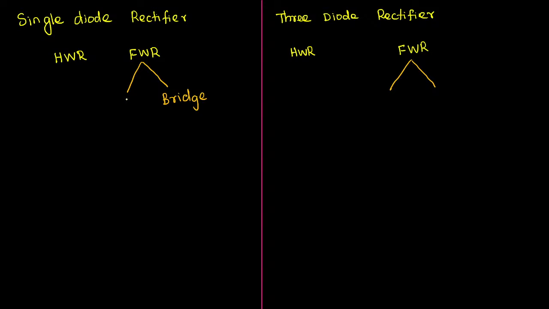We can also design it with the help of a midpoint center tap. So there are two types: one is midpoint center tapping, and the other is simply the bridge rectifier. So basically there are two types.